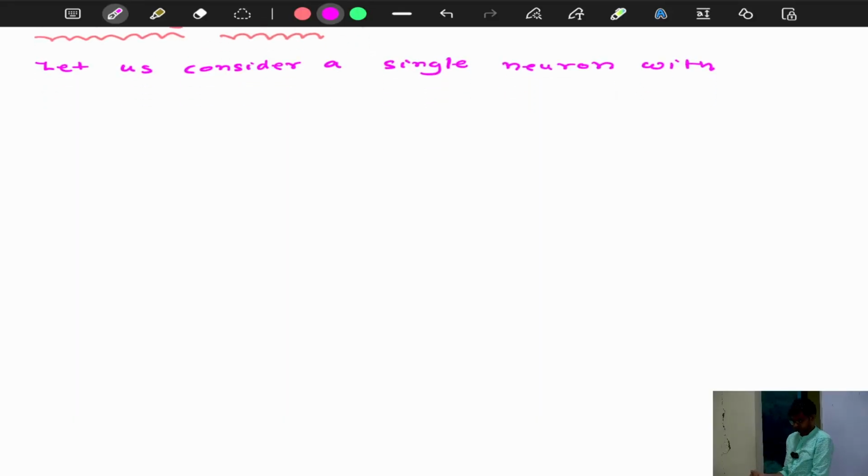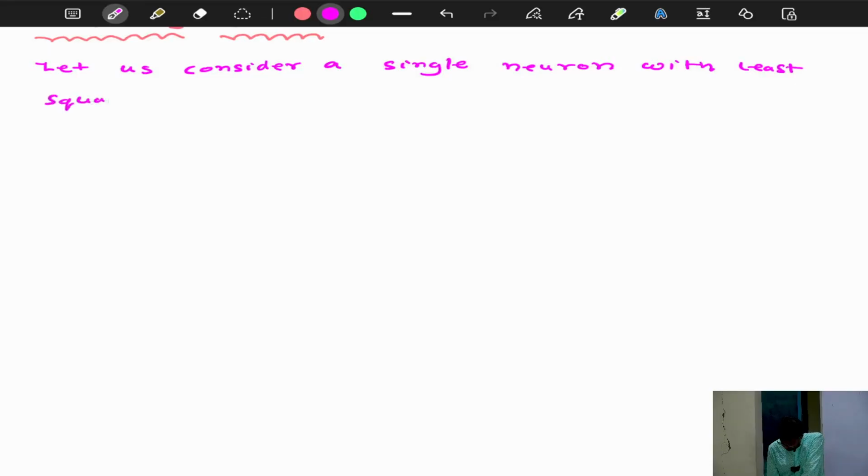So, let us consider a single neuron with least square loss function.